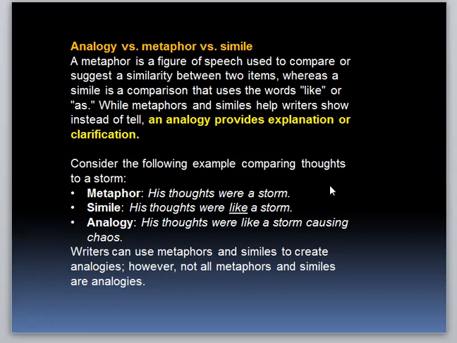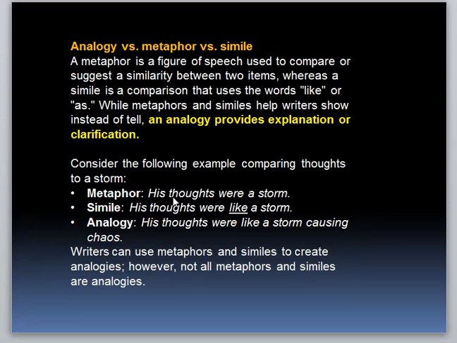So consider the following example, comparing our thoughts to a storm. In metaphor, it is called: his thoughts were a storm. Simile: his thoughts were like a storm. Analogy: his thoughts were like a storm causing chaos.